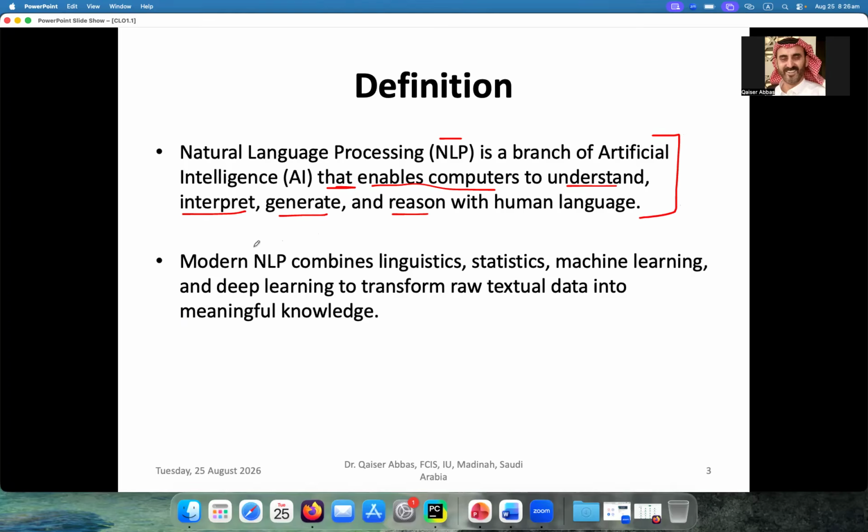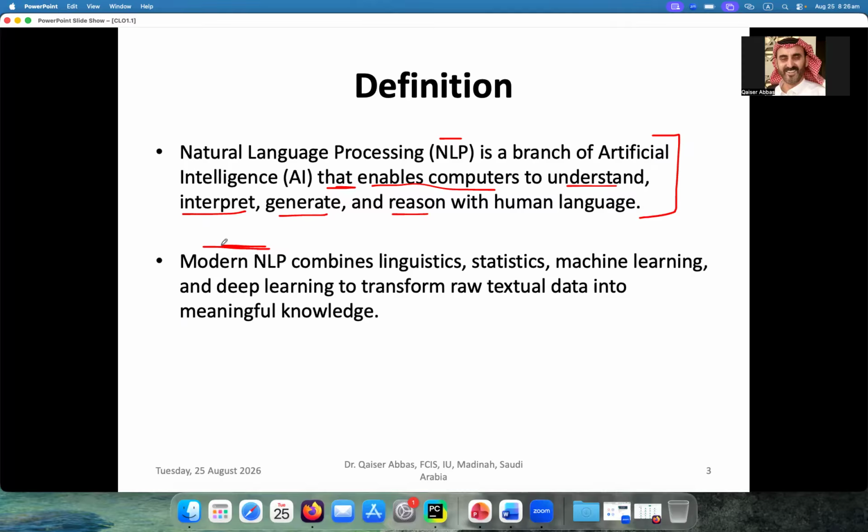But nowadays, modern NLP, if you go into the old books of NLP, then you will see a lot of detail there, very detailed concepts of linguistics, theoretical linguistics also.